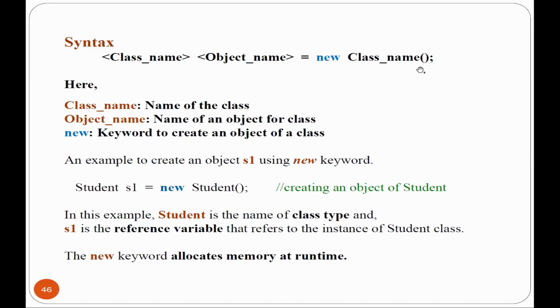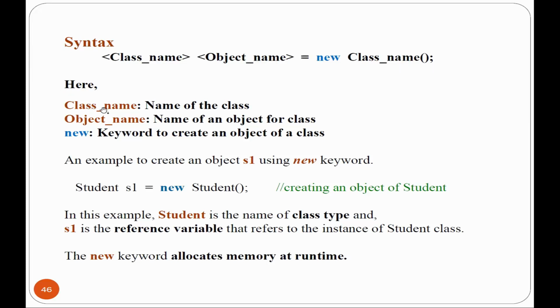And then the class name, this is the constructor. We will discuss constructors in the next classes, but understand here, whatever you write as a class name with parentheses is called a constructor. So class name, then object name, then new keyword, then class name and parentheses, this is the constructor of the class.